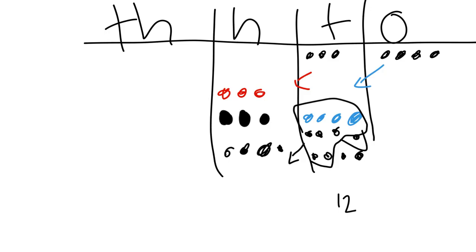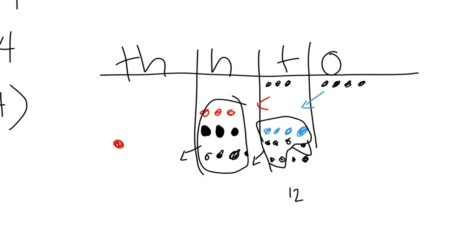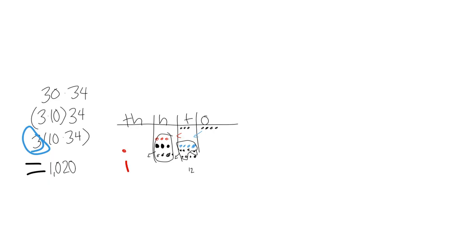And since we have 10 hundreds right here, we can shift all of that over to the thousands place. So we will have 1,000 right there. So for our answer, we're going to have 1,020.